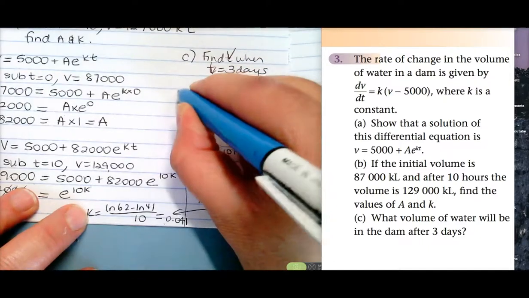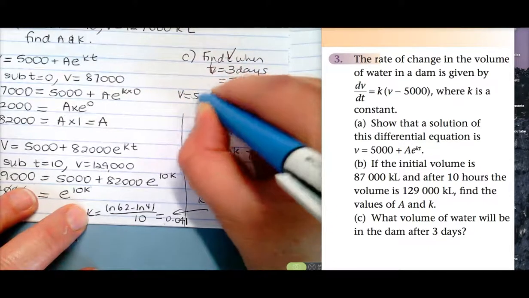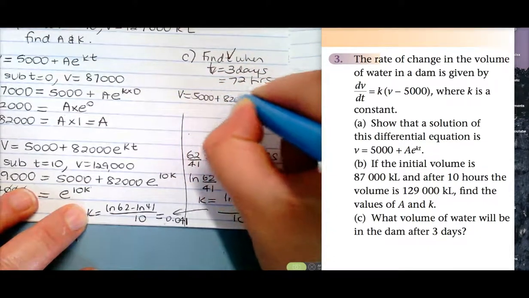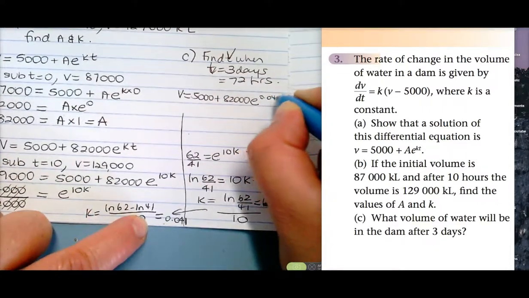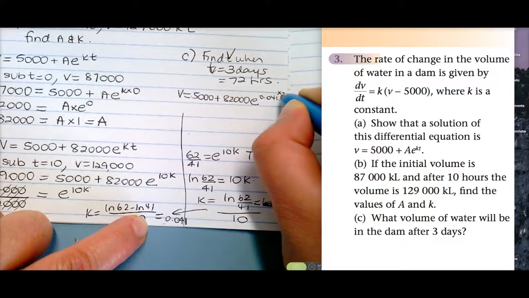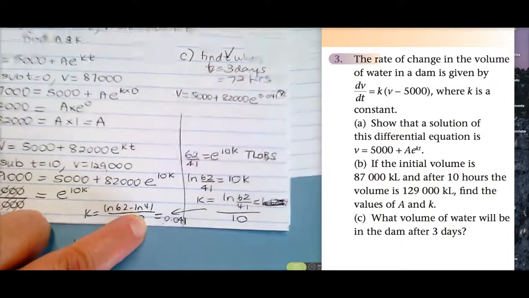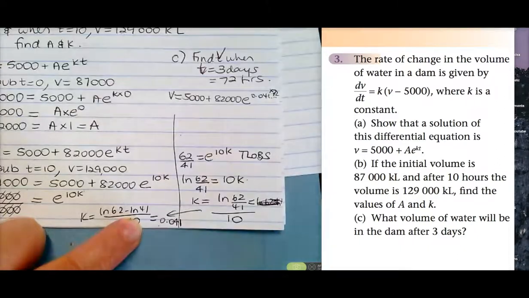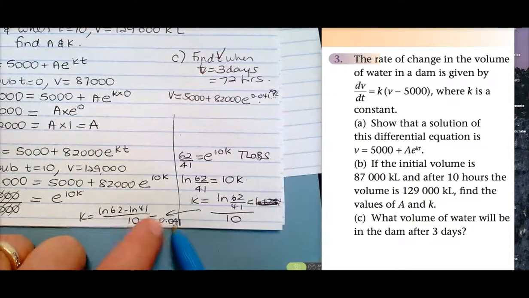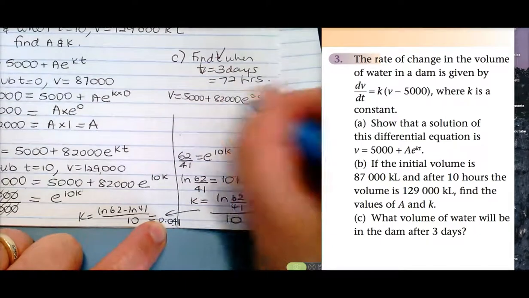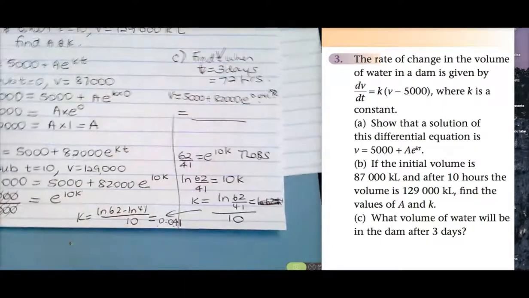So therefore, V is 5,000 plus 82,000 e to the 0.041 dot dot dot times 72. You put the k times t. Don't cancel that k.